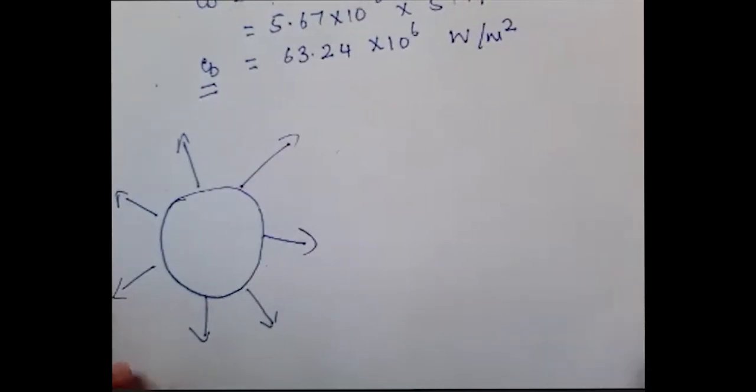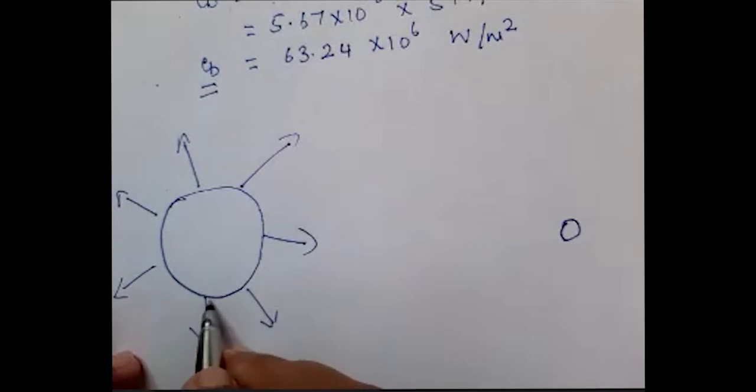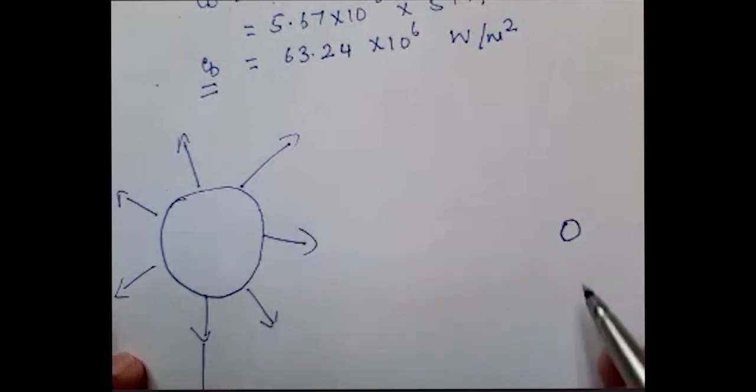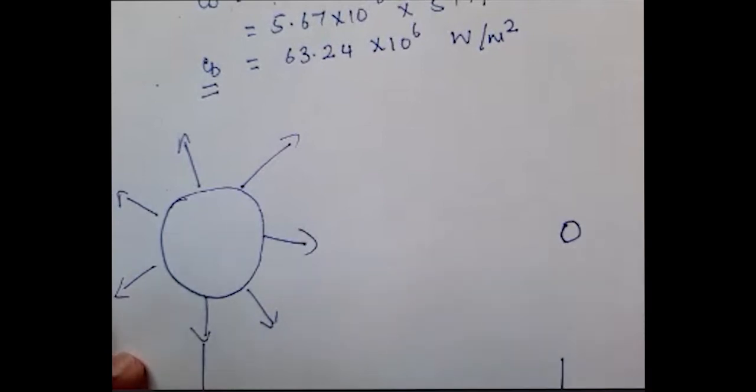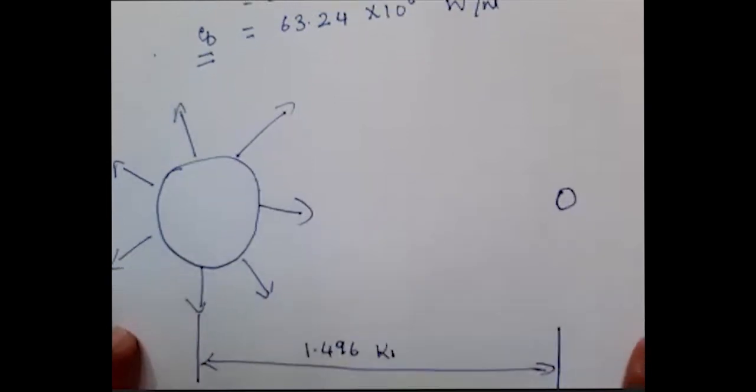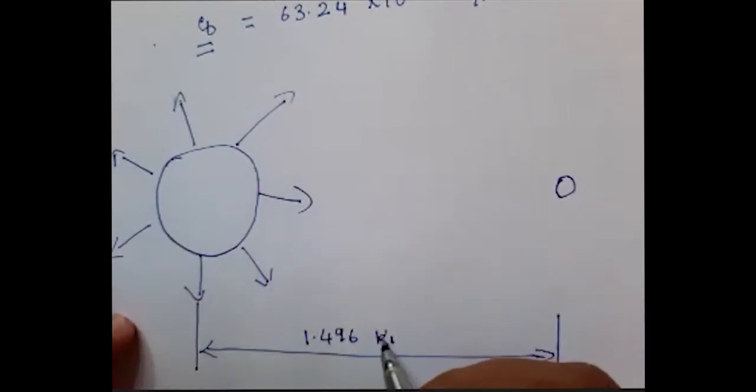And let me consider Earth, which is at a distance from the sun's surface of 1.496 into 10 raised to 8 kilometers.